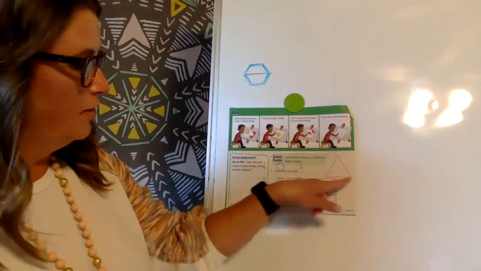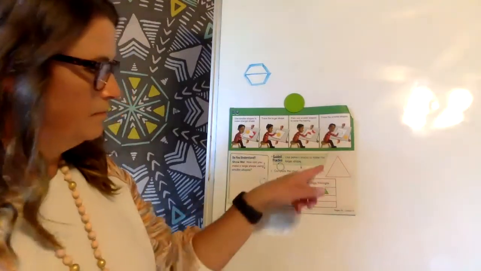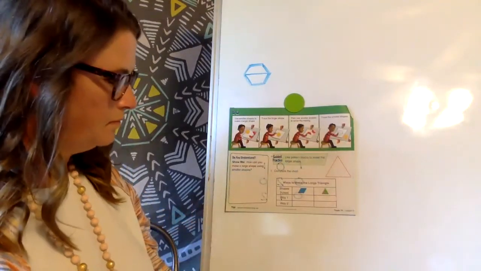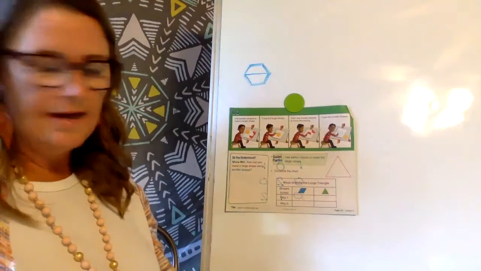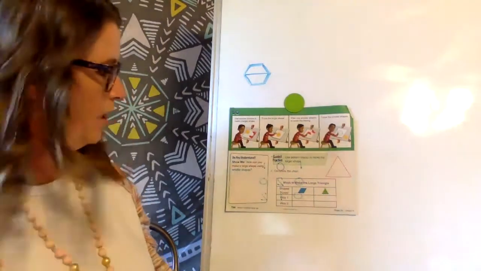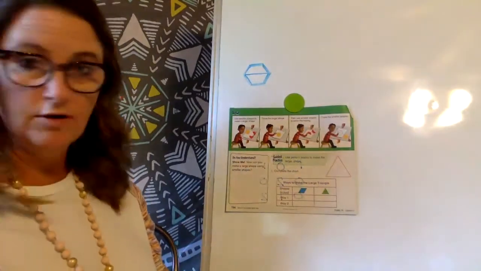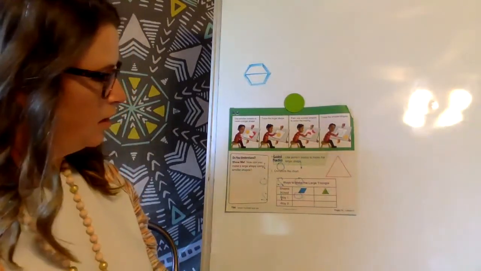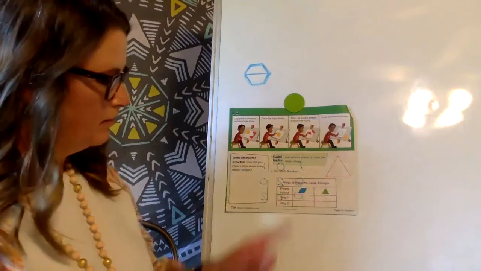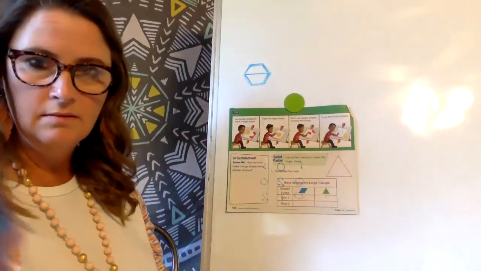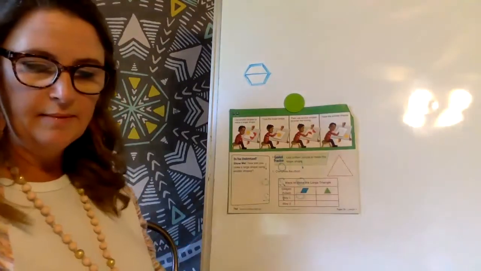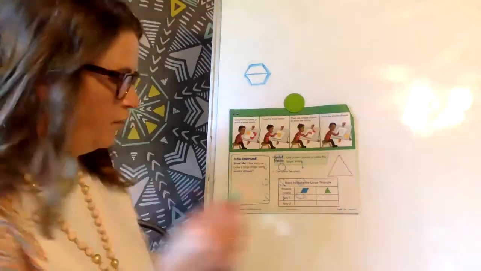Okay, so I have a large triangle shape here. And I'm going to use smaller shapes like diamonds and small triangles to make it, okay? So if I use, they're saying 0 diamonds, okay? They didn't use any diamonds, but they're using 4 of these.